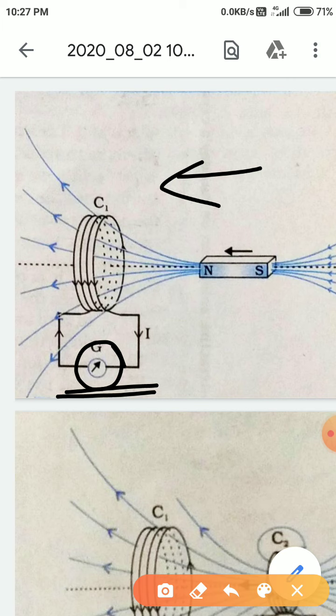When the magnet is moved away from the coil, the direction of the needle of the galvanometer also gets reversed. Another fact noticed is that the faster we move the magnet towards or away from the coil, the larger is the deflection produced in the needle of the galvanometer.